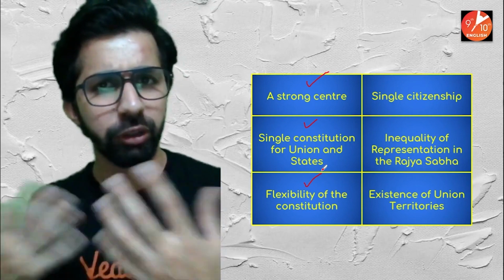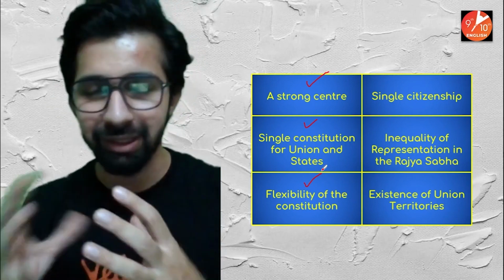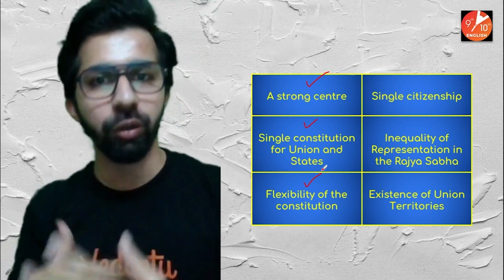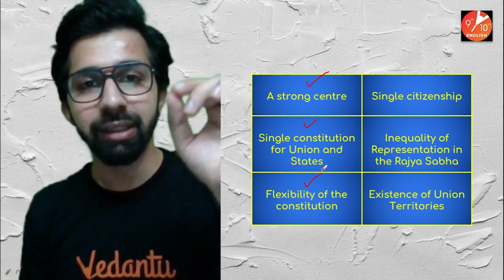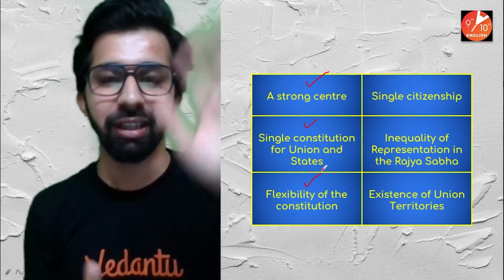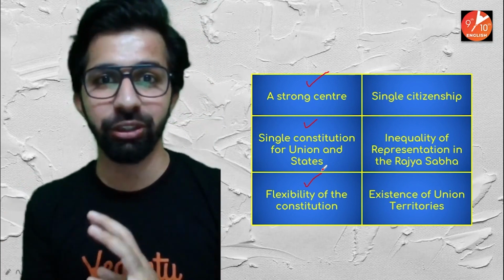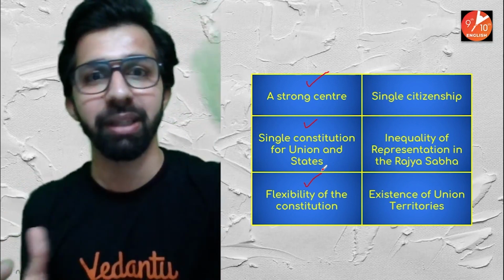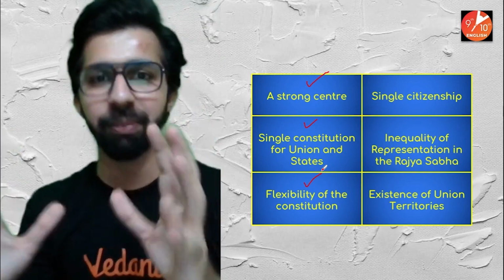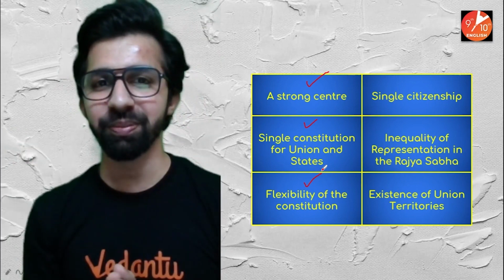To cater to such changes, we have to amend the constitution continuously. And this constitution is amended at the parliamentary level, at the central level. So the constitution can be amended by the parliamentary procedures, by the parliament. So again, the center is more powerful.